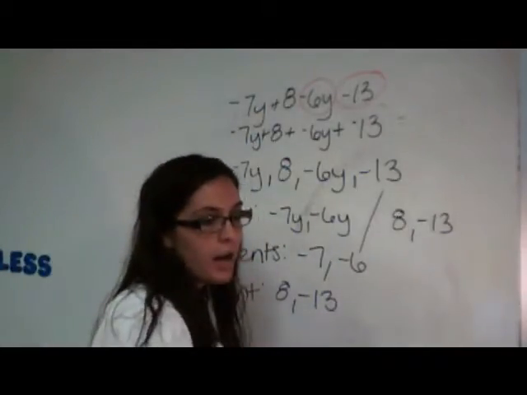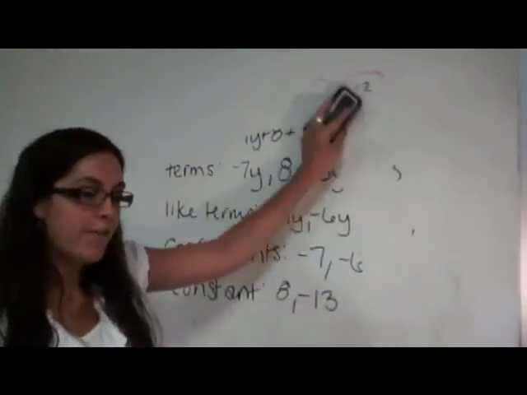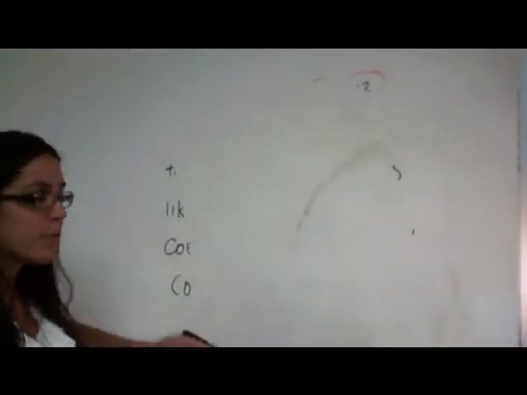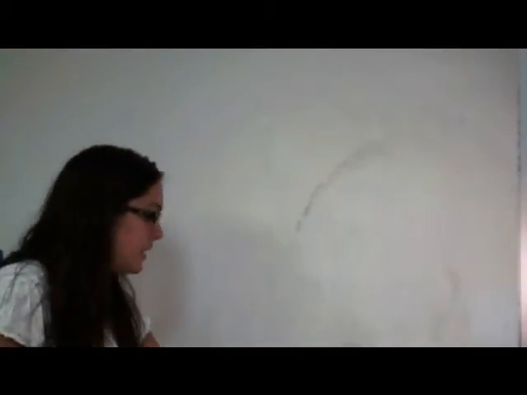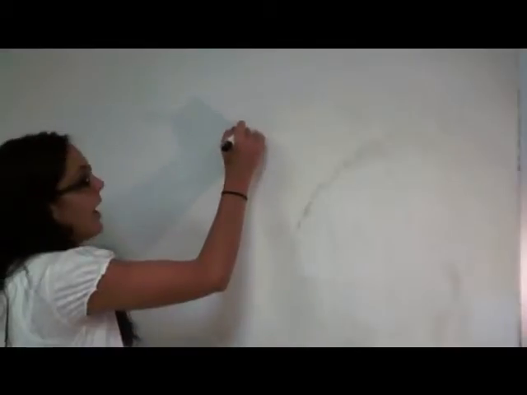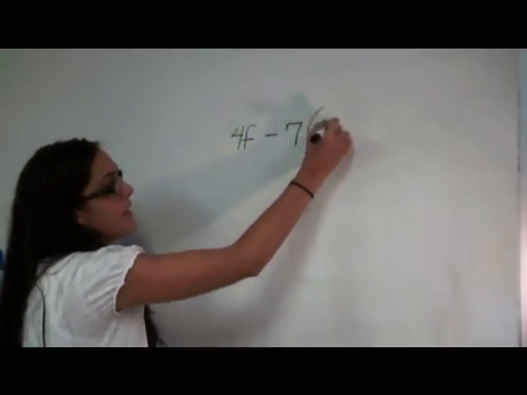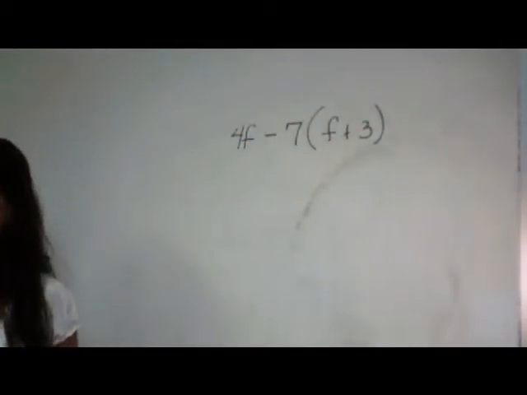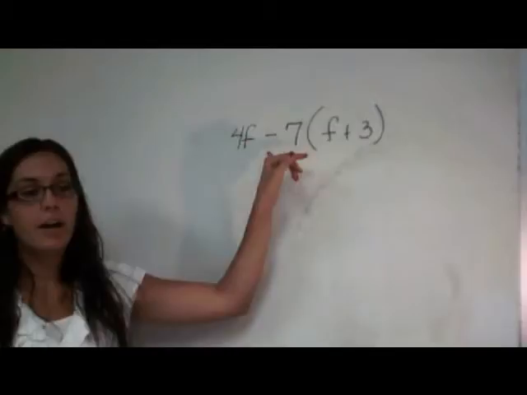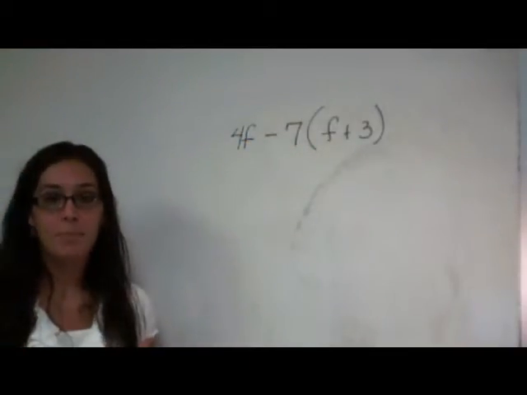So the first example that I have is going to be 4f minus 7, parentheses, f plus 3. So I'll write it down, 4f minus 7, parentheses, f plus 3. All right, to start off, I'm going to do it where I add the opposite.